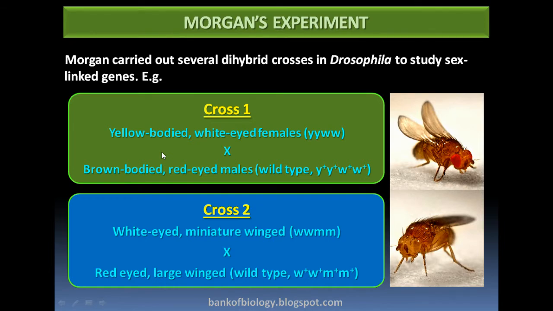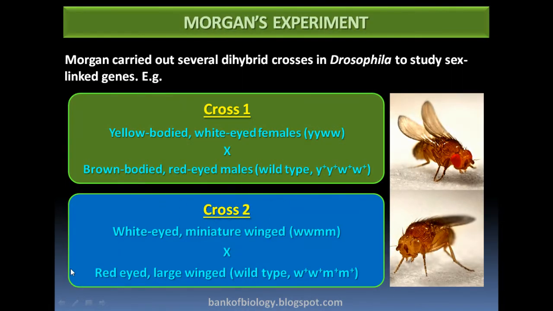The other parent was brown-bodied, red-eyed males, the wild type, showing dominant characters. The plus sign indicates dominance, that means brown body is dominant over yellow and red eye is dominant over white eye.